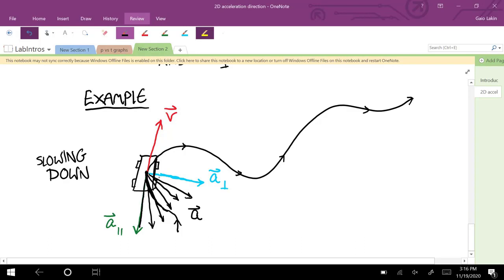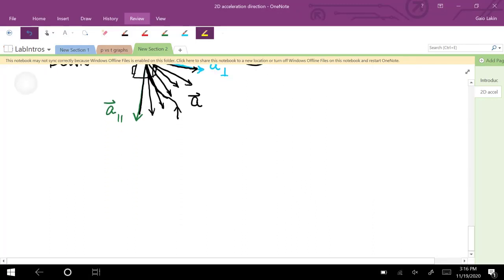So we know that there's this 90-degree range of possible directions for the acceleration vector. Let me do another example where we have an object that's in projectile motion.